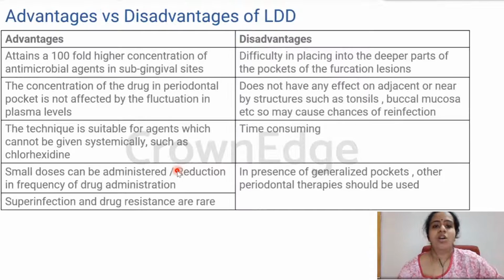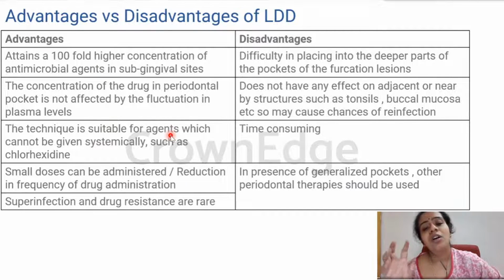Okay, so see the advantages and disadvantages of LDD. As we were discussing, the main thing is it's giving a very high concentration at the subgingival environment where it is supposed to act. That is the main plus of LDD. The other thing is it is very useful in case of an agent which cannot be given as a systemic drug. And we are giving a smaller dose compared to a systemic dose.